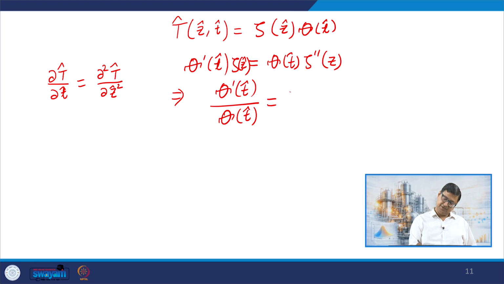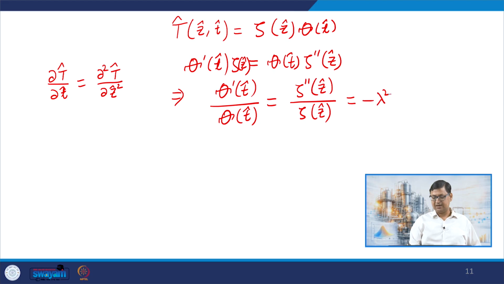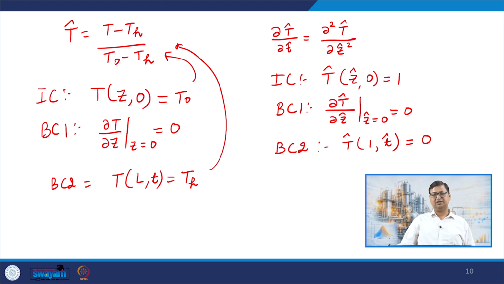and this I can write as theta prime(t cap) by theta(t cap) is equal to zeta double prime(z cap) by zeta(z cap), and that is again equal to minus lambda square, because the temperature is still falling the same way. After a long time, the temperature will be the same as the hot plate temperature.